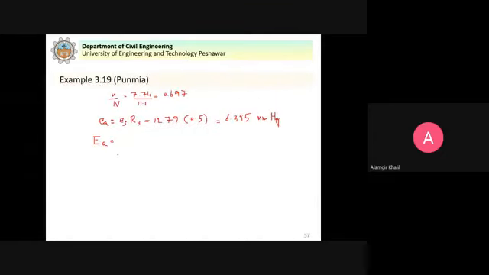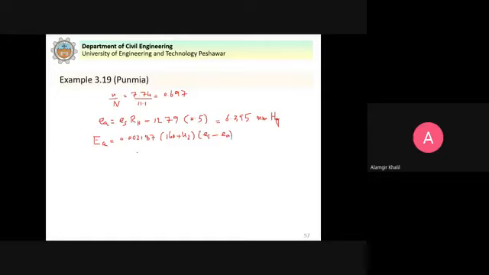So EA is equal to 0.002187 into 160 plus U2 into ES minus EA.